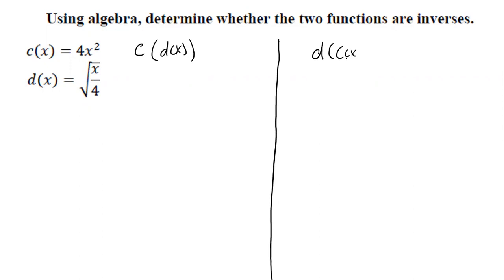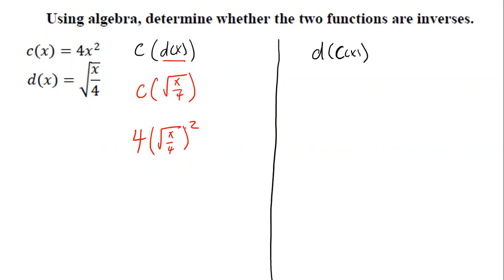Now we have c composed of the square root of x over 4. So I'm going to substitute that in. We have 4 parentheses square root of x over 4 squared.